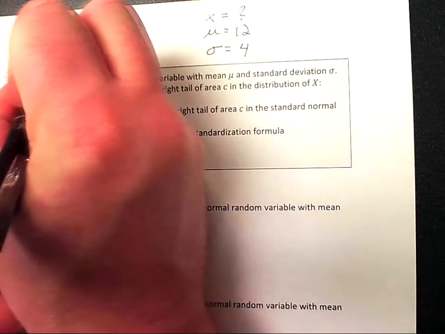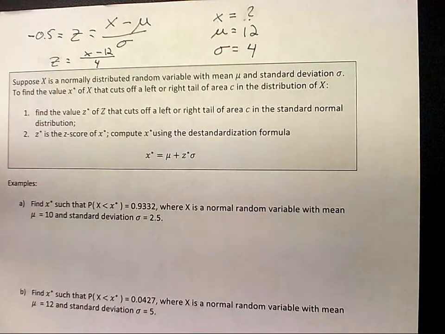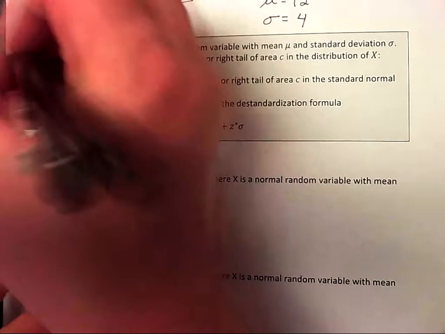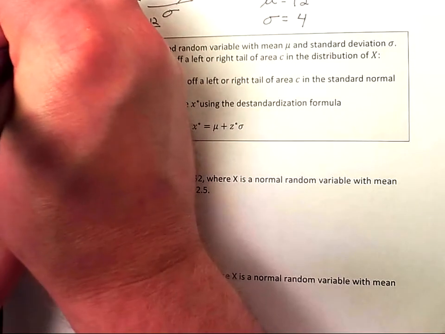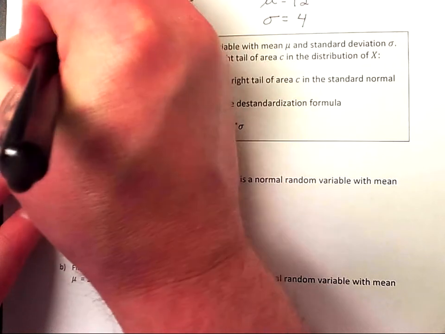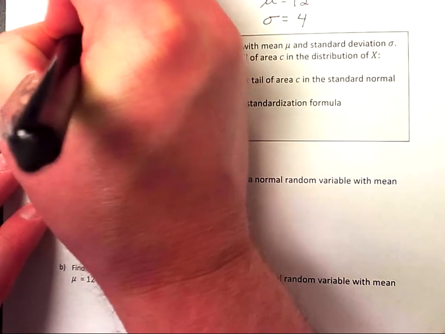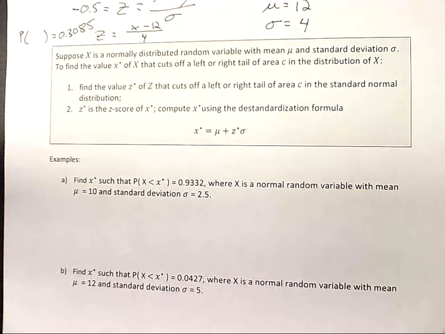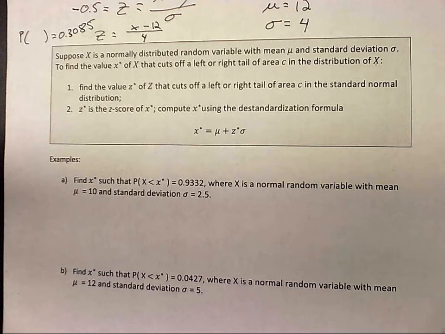So now, if they don't tell us what z is, and they don't tell us what x is, we can't solve this. But if they tell us here that the probability of something is equal to 0.3085, they're giving you the percentage. Well, now you can say, hey, I don't know what z is. I don't know what x is.